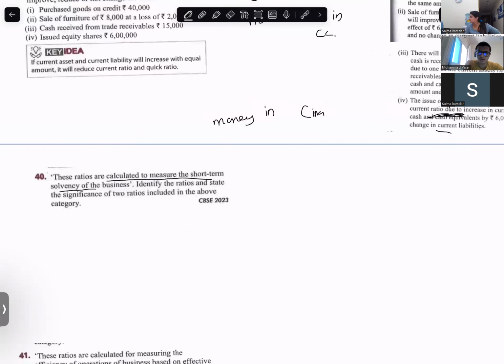Short-term solvency ratios are current ratio and liquid ratio, or I could say acid test ratio.